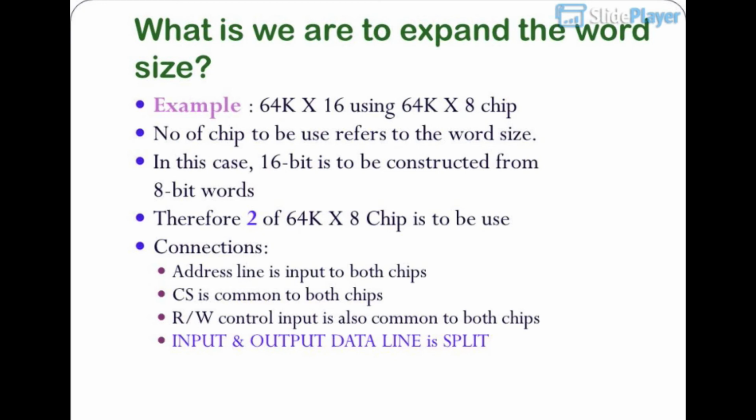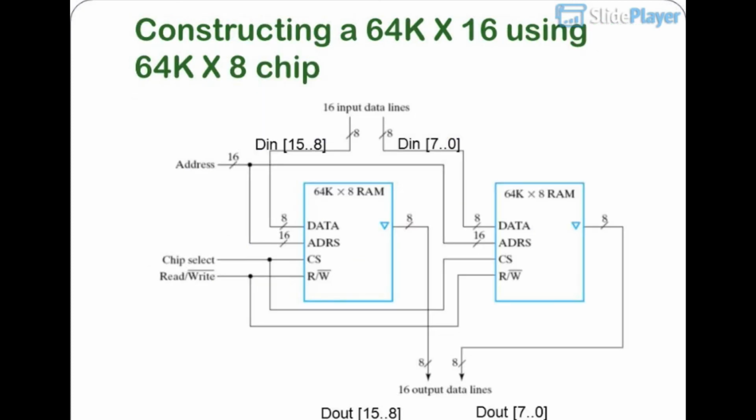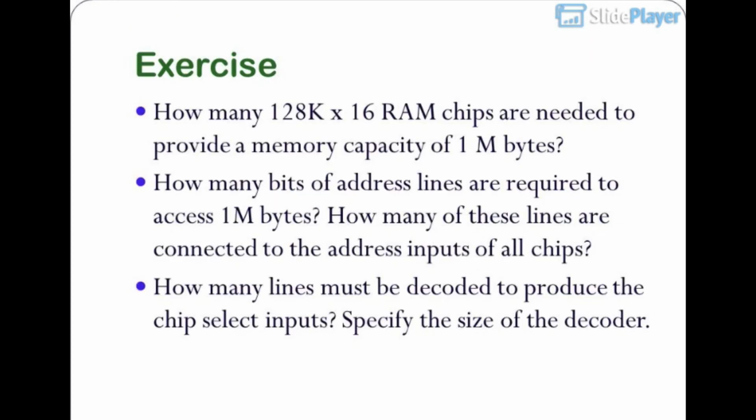CS is common to both chips. The RW control input is also common to both chips. The input and output data lines are split. Constructing a 64K x 16 using 64K x 8 chips: DIN 15-8, DIN 7-0, DOUT 15-8, DOUT 7-0.